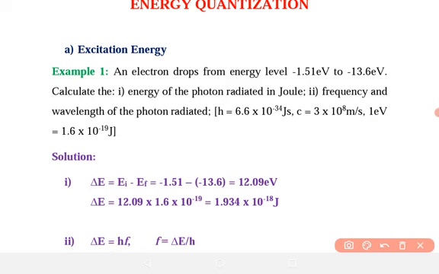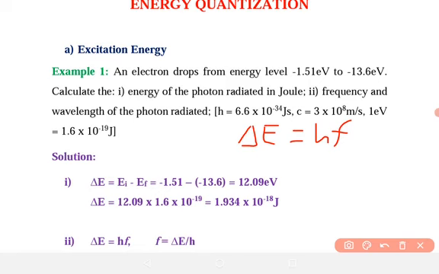Now, going to the second question, we have to calculate the frequency and the wavelength of the photon radiated. Remember that when this photon is emitted, the change in energy from the level where the electron is coming from to where it is going to is also equal to hf. This hf represents the energy of the photon emitted, that is the energy of the light emitted.